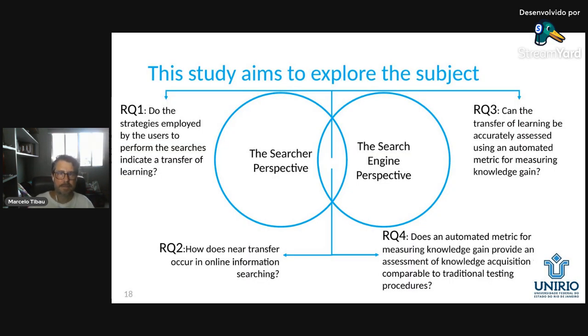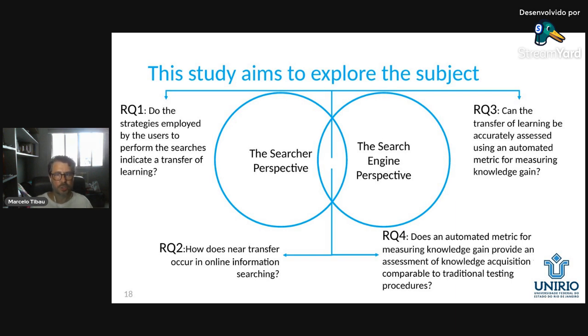And it aims to explore the subject with four research questions. The first one concerns the strategies employed by the users and whether those strategies could indicate transfer of learning. The second research question concerns the near transfer accuracy during a search session.